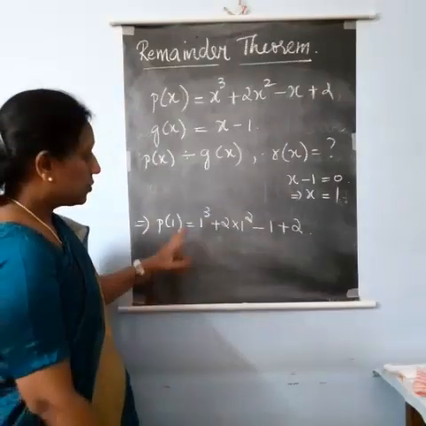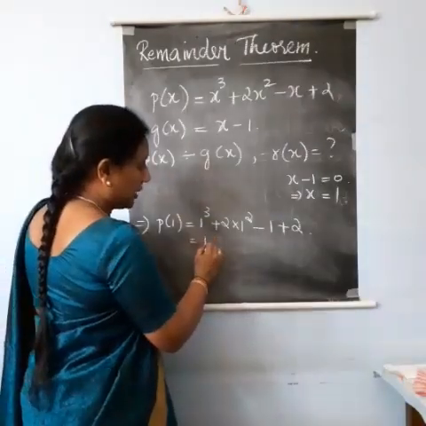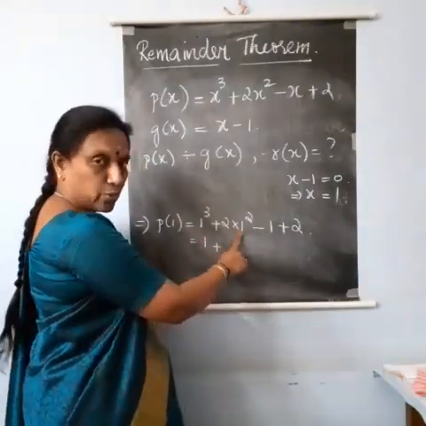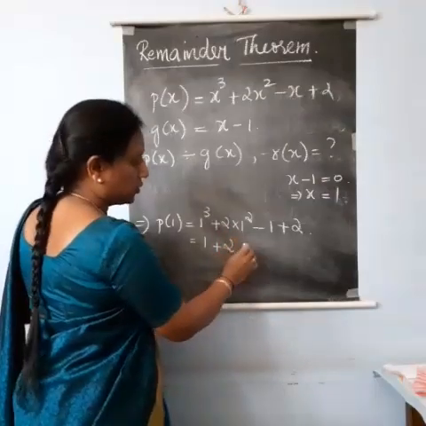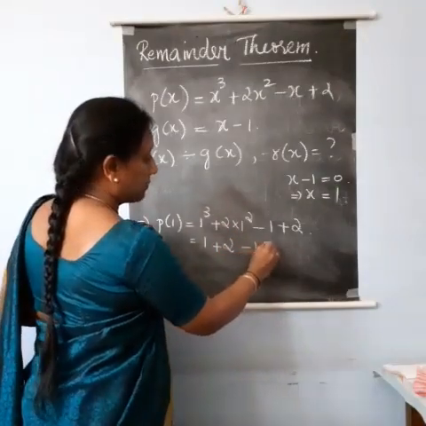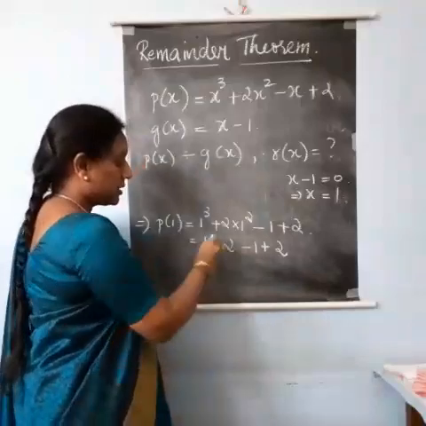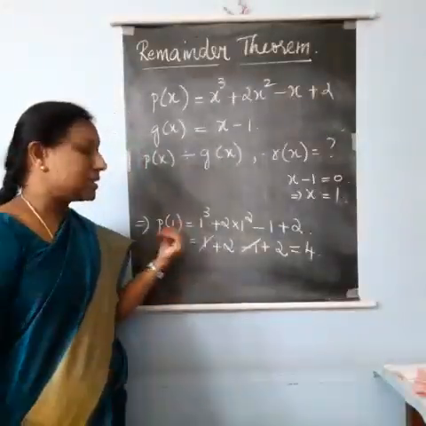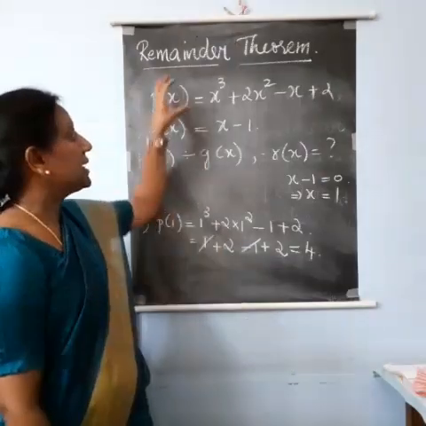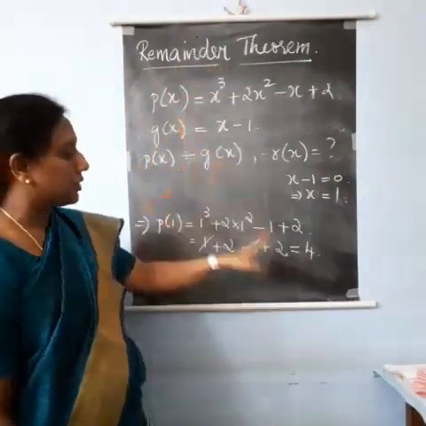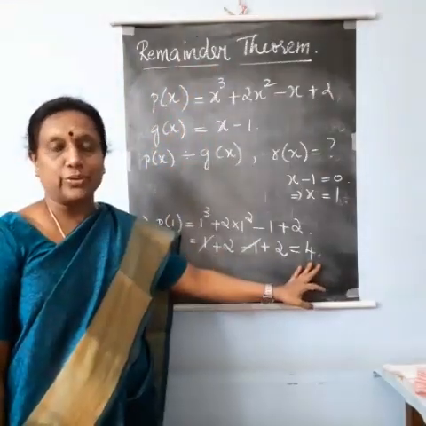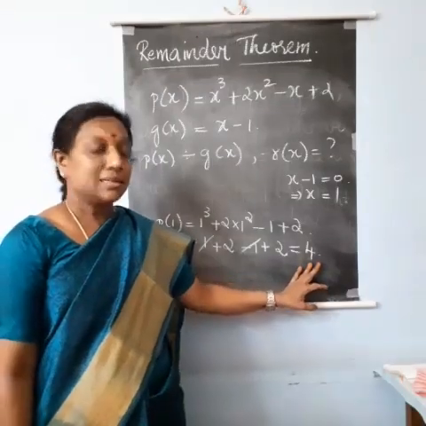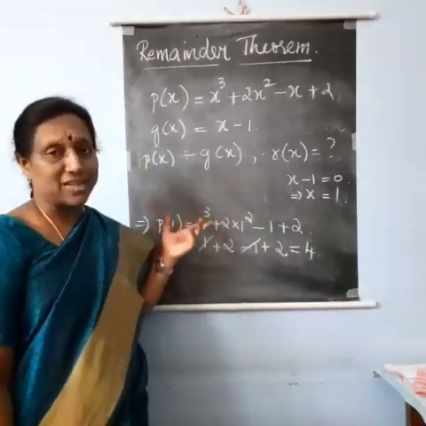Have you got it? This will become 1 plus 2 into 1 is 2, minus 1 plus 2. So this will cancel out and you will get 4. So the remainder that you will get when you divide this polynomial by this polynomial is going to be 4. Now this remainder theorem is very easy.